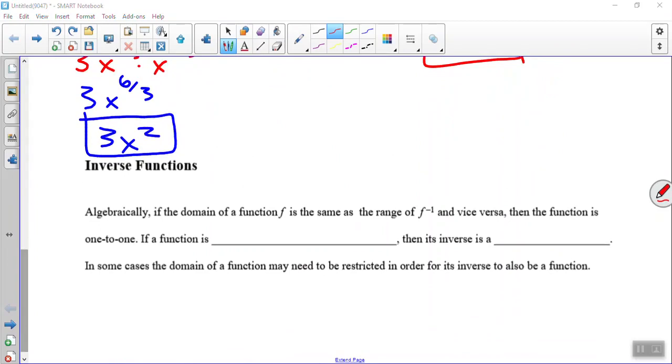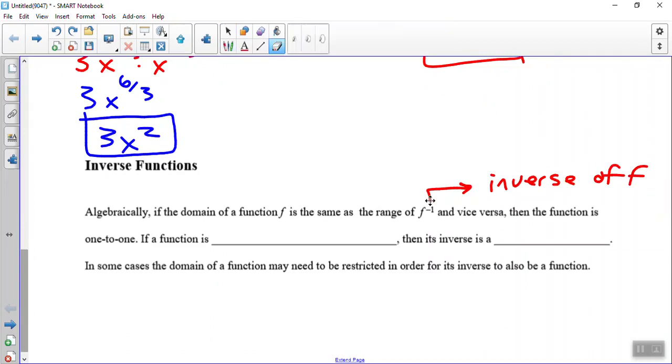All right, so we've talked about inverse functions before, but just to bring up this definition again. So if the domain of a function is the same as the range of its inverse, remember this means inverse. If I can annotate this, this is the inverse of f.